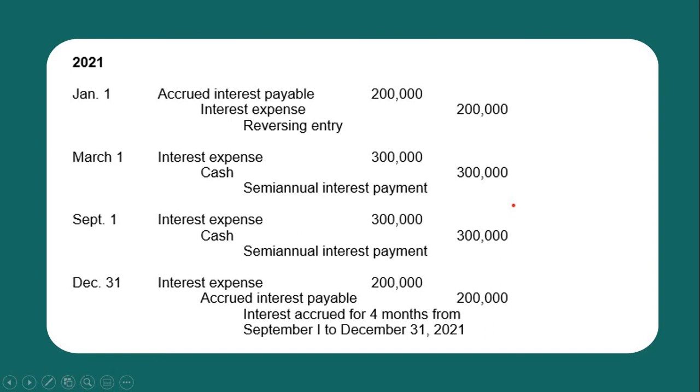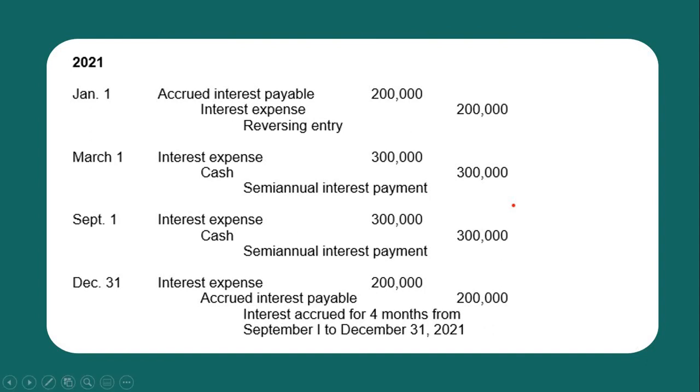That way, when March 31 comes, we no longer need to trace how much our interest expense is. Everything we receive or pay as interest will be charged to interest expense. Okay? It is also possible not to reverse. If you do not make a reversing entry on January 1, your entry on March 1 will be debit accrued interest payable for 200,000, then debit interest expense for 100,000, the remaining balance, and credit cash for 300,000.